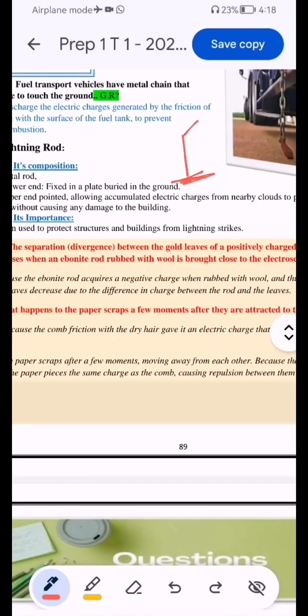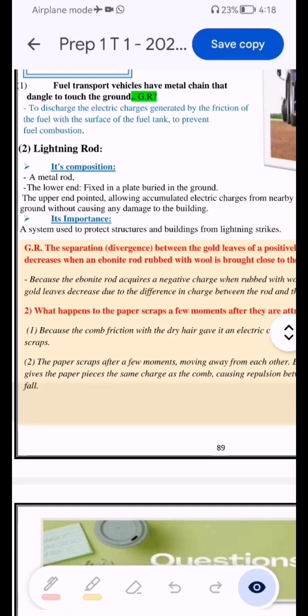Look at this. There are spines that take charges from the clouds and pass them through until they go to the ground. So it prevents damage to the building. Its importance: a system used to protect the structure of buildings from lightning strikes.